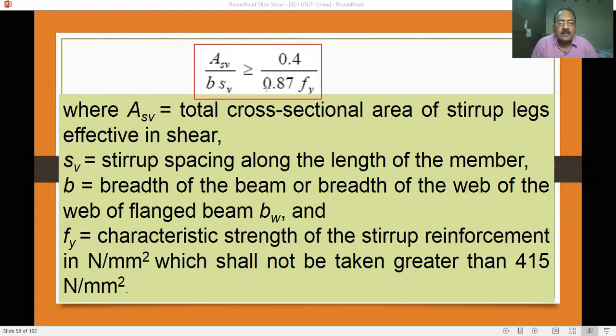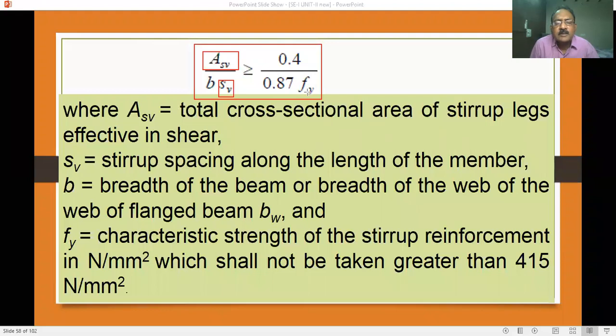You are asked to find the spacing Sv, with all other data given, or all other data is given and you are asked to find Asv. That's all, very simple, if you remember the minimum shear reinforcement formula 0.4 by 0.87 Fy.